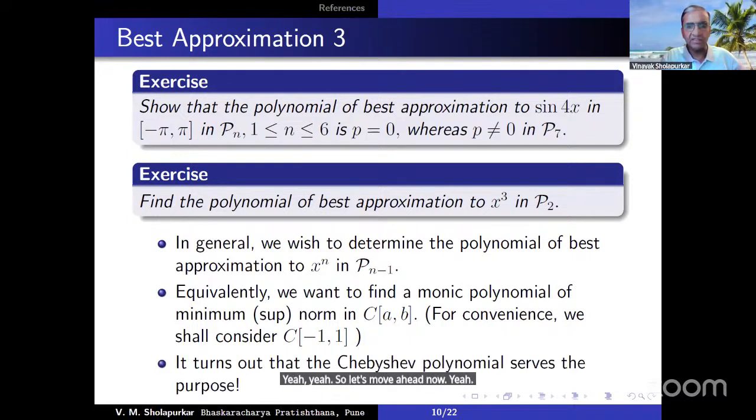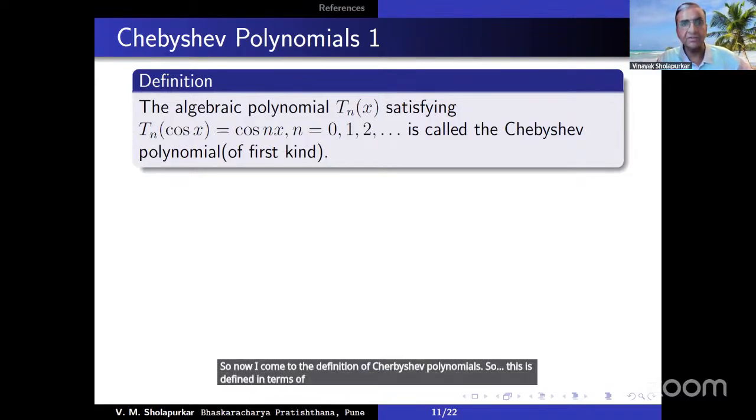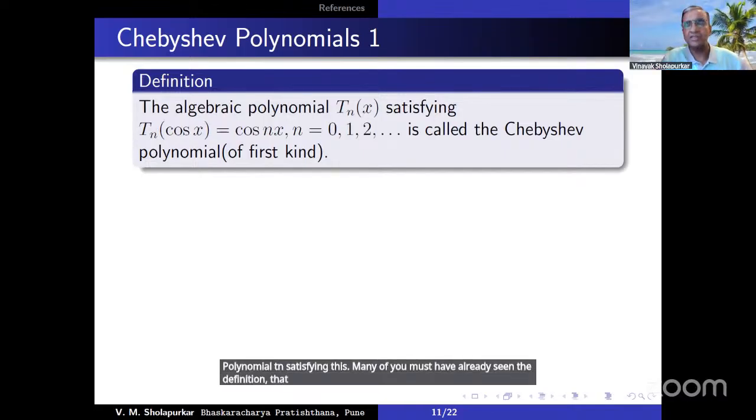It turns out that the Chebyshev polynomial serves the purpose. So now I come to the definition of the Chebyshev polynomial. This is defined in terms of cosines. The algebraic polynomial Tn satisfies Tn(cos x) = cos nx. Many of you must have already seen this definition.